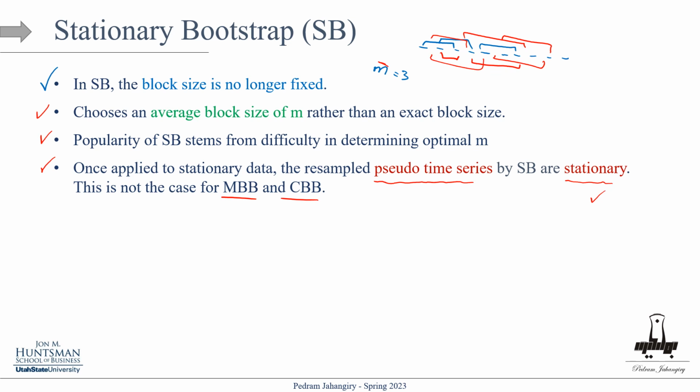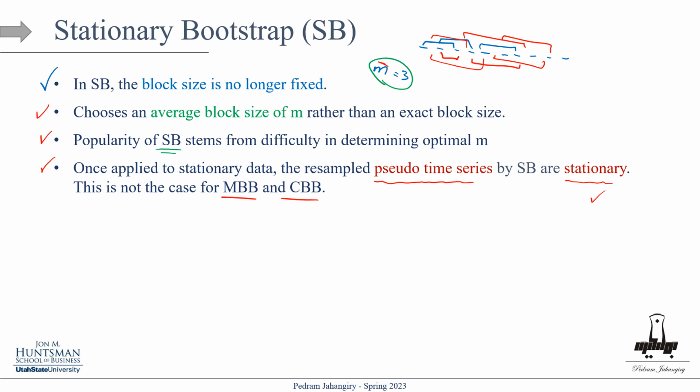And I think one last thing I want to emphasize is that the popularity of stationary bootstrap comes from the fact that it is hard to come up with the optimal value for a fixed block size of m, right? This takes that out of your hands, and gives you more room to just focus on the average value of that m, and then you can change the size of these blocks.